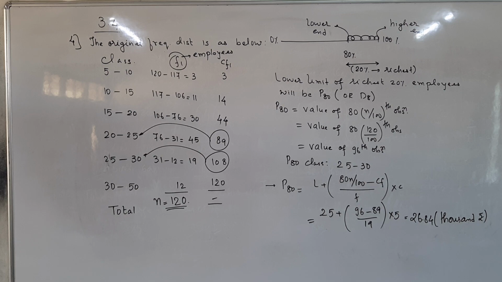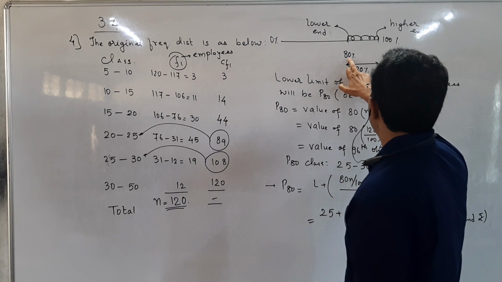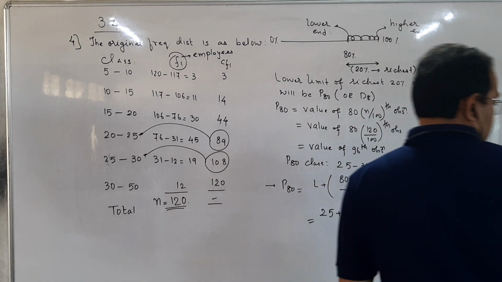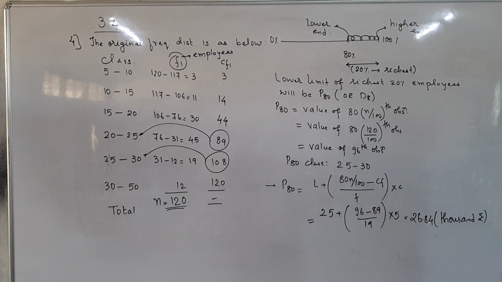Suppose we were told to find the lower limit of the richest 37% of the employees, then, students, we would have found P63. Like that, students, it is clear. So 20% of the employees are richer than the other 80% employees. So that lower end is 80%, and of course the upper end is 100%. This, students, we have to perfectly remember.